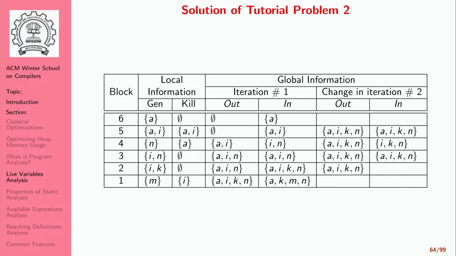For out, are we getting A, I, N in the second iteration? Both are getting killed, right?